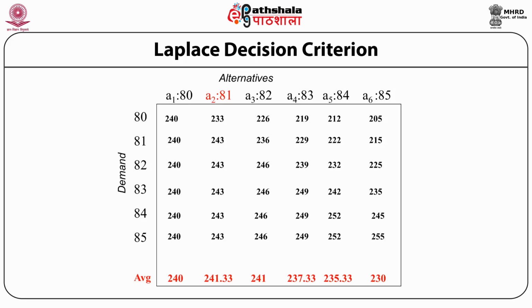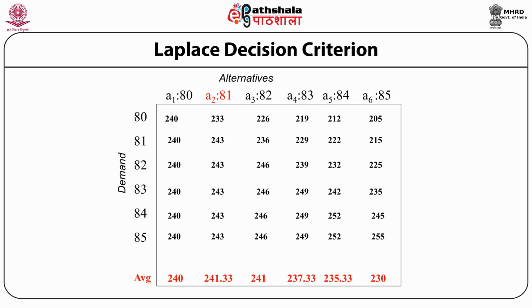So in this slide we can see there are different possible outcomes, S0, S1, S2, S3, and various possible alternatives A1, A2, A3, A4. So in this table we have already calculated the payoffs for the various alternatives A1, A2, A3 up to A6 in view of the different possible outcomes.